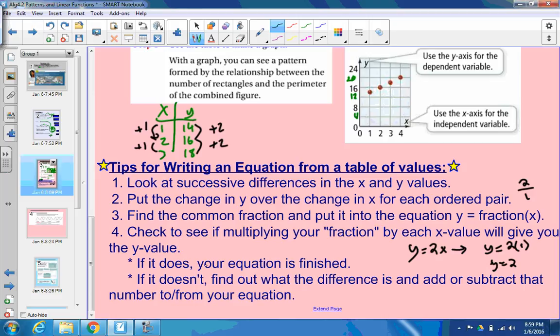If it works, your equation is done. But if it doesn't, like we said here, find what the difference is and add that to the end. So we take our y equals 2x, and add the 12 to the end. All right? So that is a shortened way to write an equation.